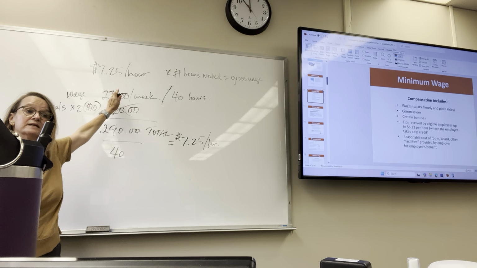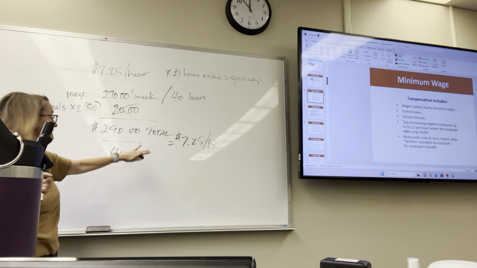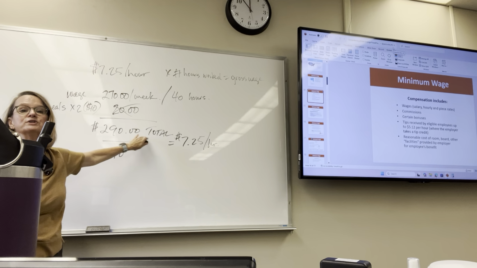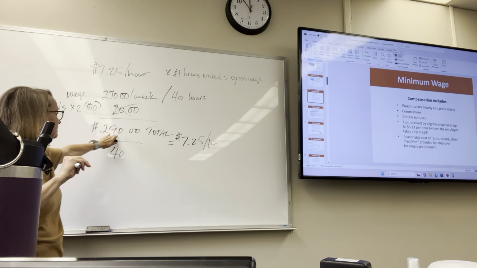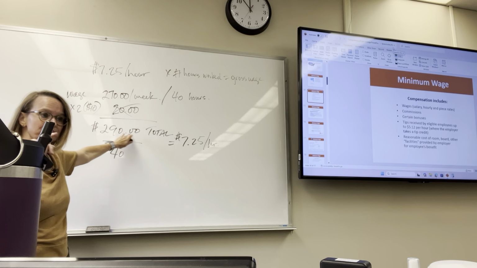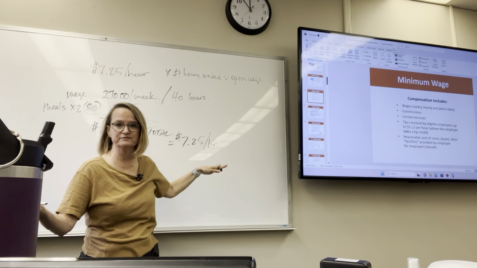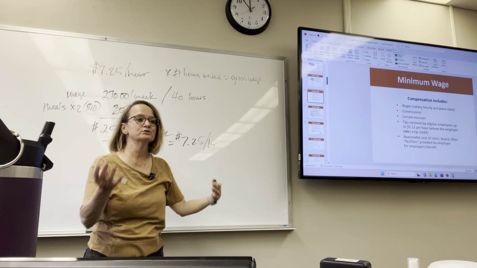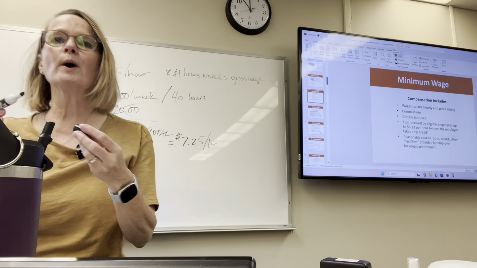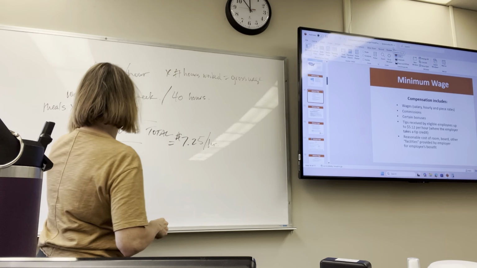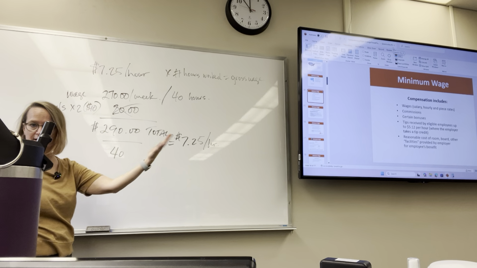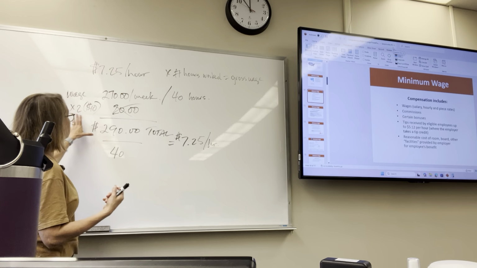They'd have to be paid an additional $20 to get them up to $290, which, by the way, and this will become second nature to you, $290 a week for 40 hours of work is $7.25 an hour. So you'll do enough problems where that becomes kind of second nature that you just know automatically, oh yeah, $7.25 an hour, 40 hours, that's $290.